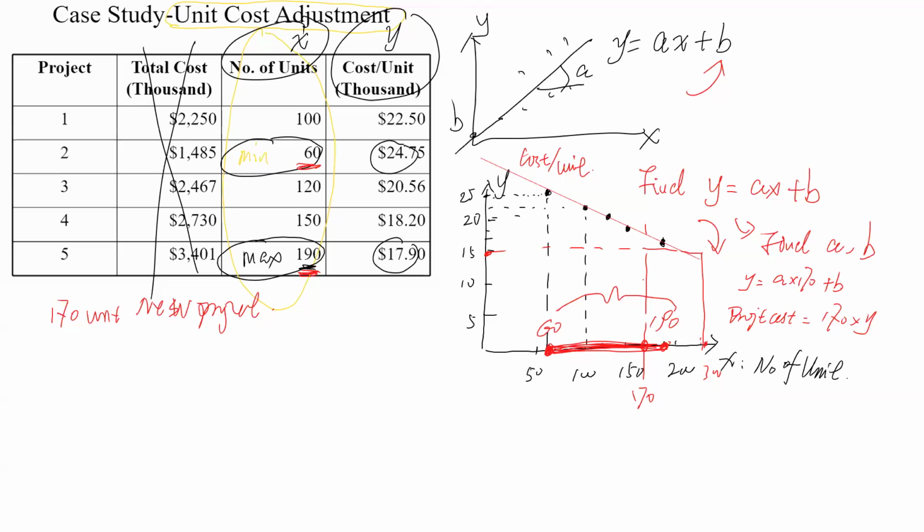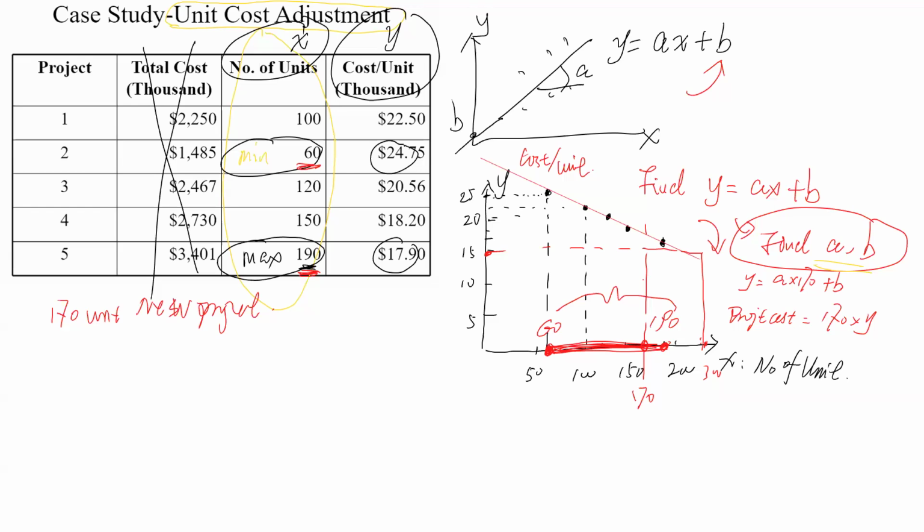To solve this problem, you need two data points. Why? Because in this equation you only have two unknown numbers, a and b, since the y and x are already given by these five projects. To find the two unknown parameters, as we mentioned before, we use the smallest one and the maximum one, so the corresponding y will be this one and that one.